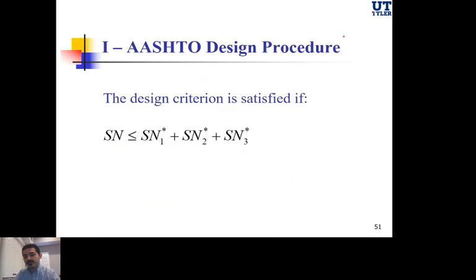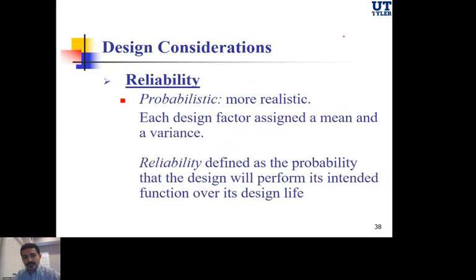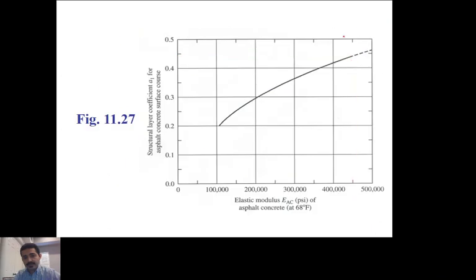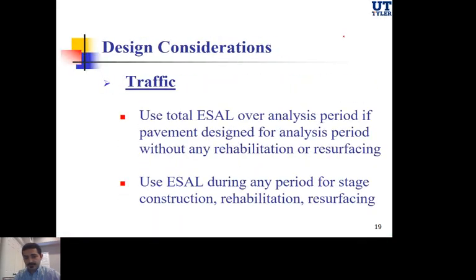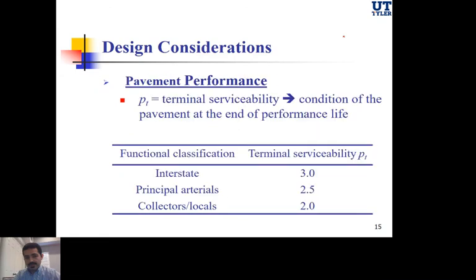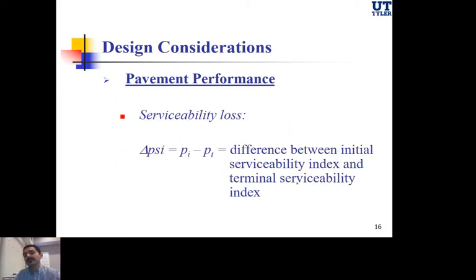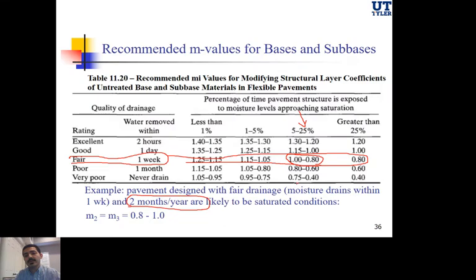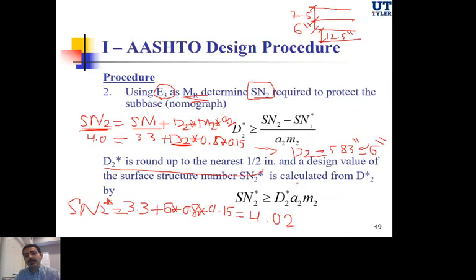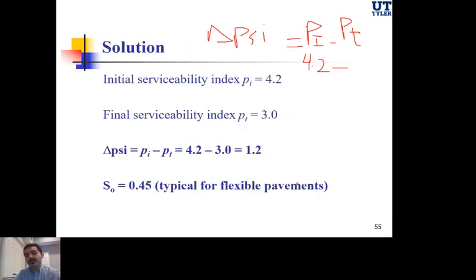So if you go all the way back to the table that we discussed last time, it's this table right here. If it's an interstate, the terminal serviceability has to be equal to 3. So going back now to our problem, this is equal to 3, and therefore delta PSI, as I'm mentioning here, is 1.2.